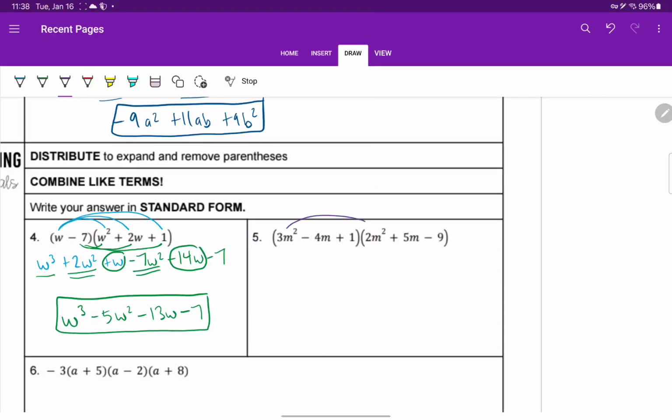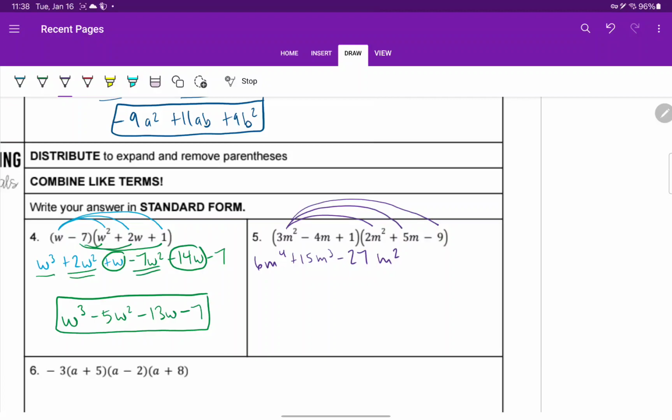So 3m squared times 2m squared is 6m to the 4th. 3m squared times 5m is positive 15m cubed. 3m times negative 9 is negative 27m squared.